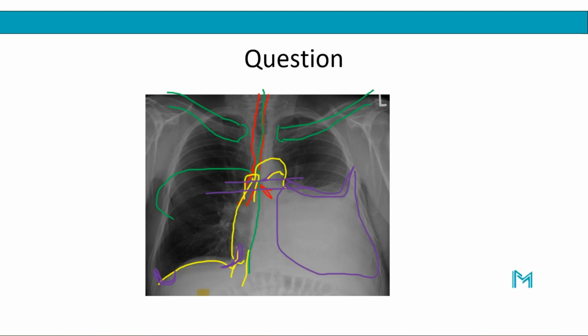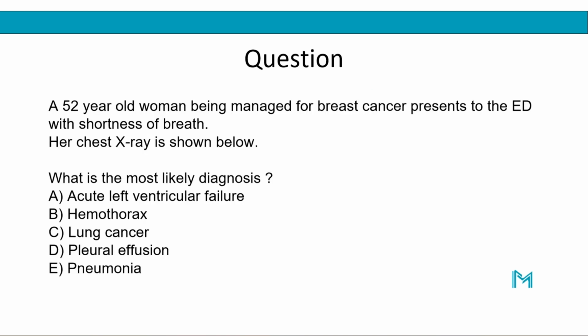So now let's go back to our question and see how we can put the findings of the X-ray and the clinical features of the patient together to make a diagnosis. We were told that the patient is a breast cancer patient and has shortness of breath.